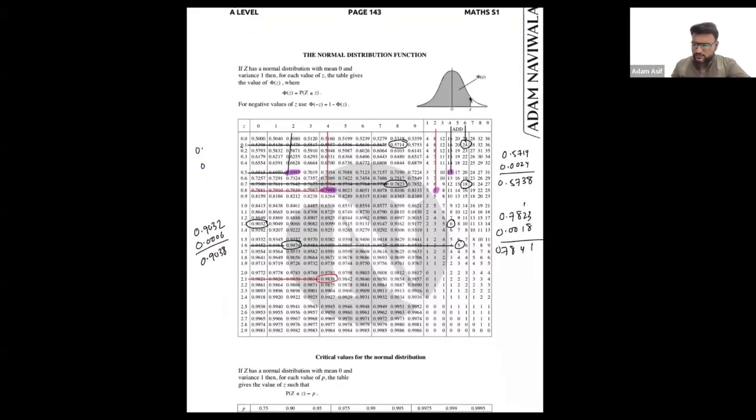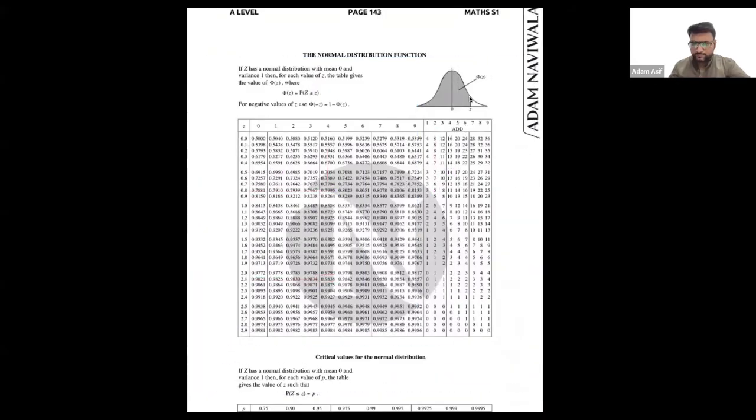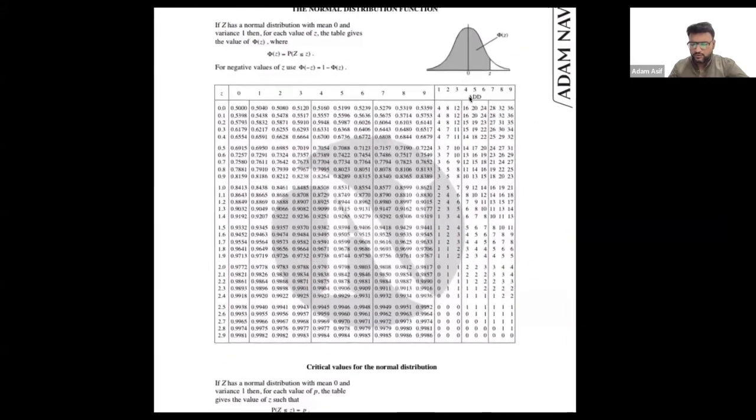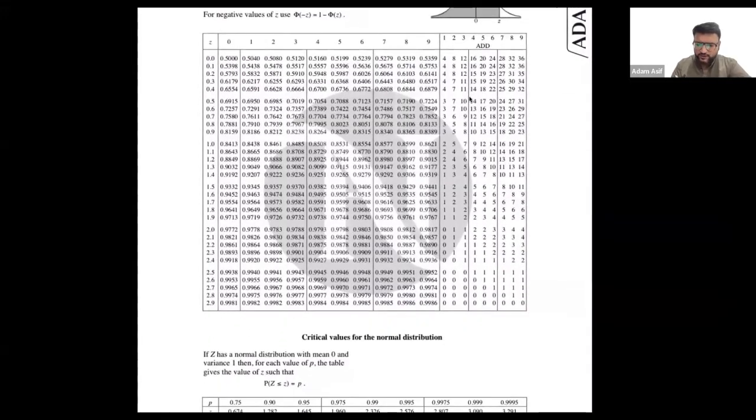Okay, that's the z table. What's the value? 0.375.